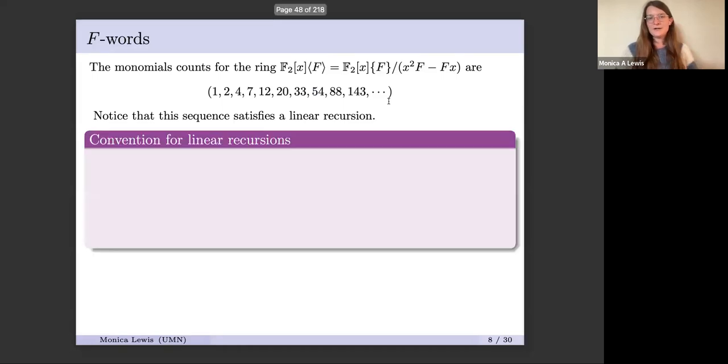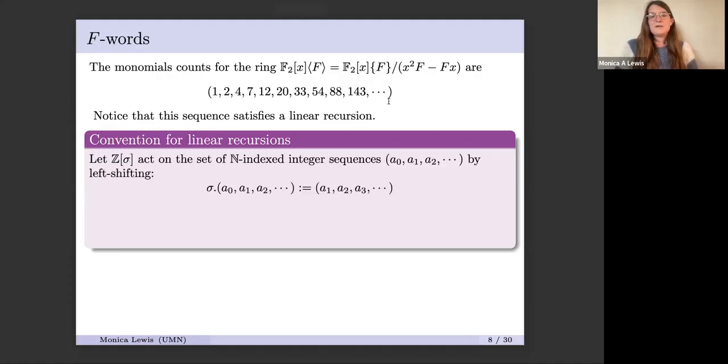And just to be able to talk about linear recursions, let's set up the following convention. Suppose that you give me a right infinite sequence of integers. I'm going to let the ring Z adjoin sigma act on it by left shifting. So all of the terms move to the left and the A0 term falls off and goes away.